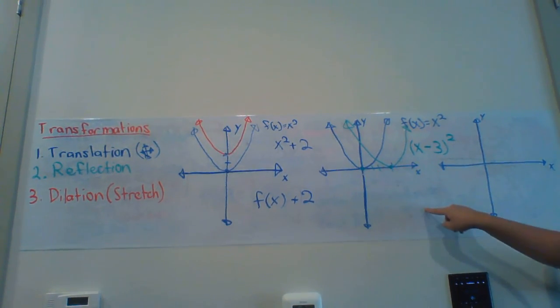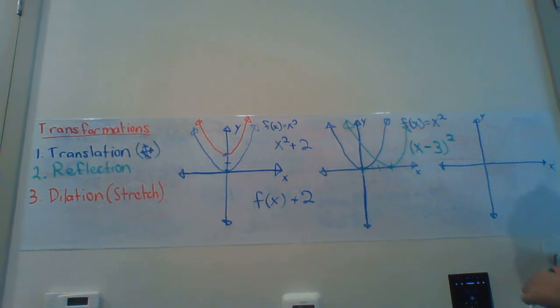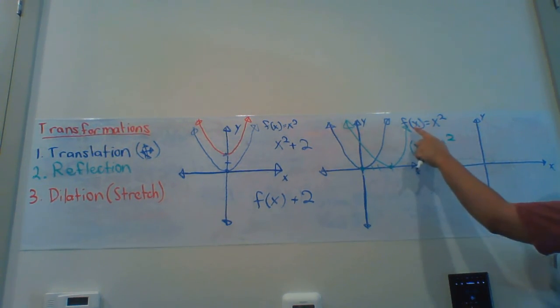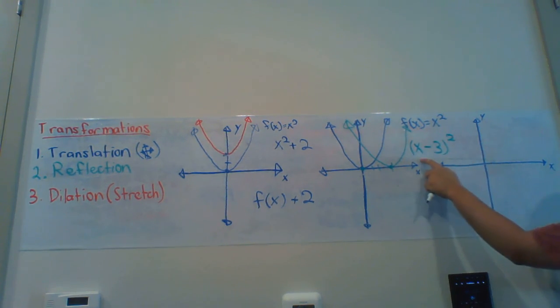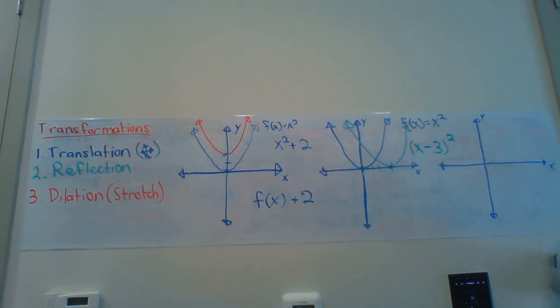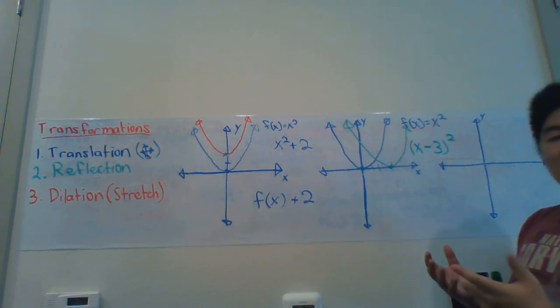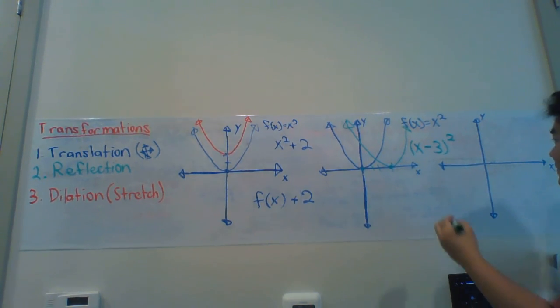Now, let's put it into function notation, right? So I said that f of x was equal to this, right? Now this one's a little bit different because x squared isn't explicitly stated in this one. X is kind of separated from its squared by that minus 3. So here's actually how we might work this one out.